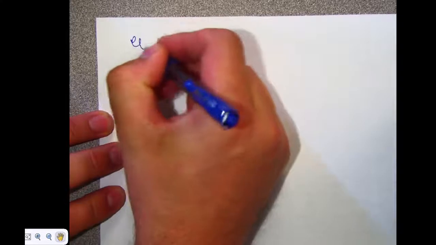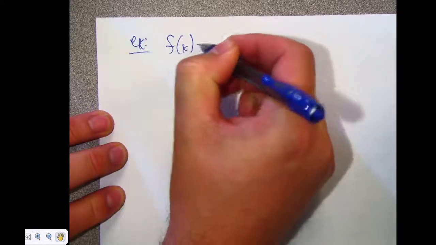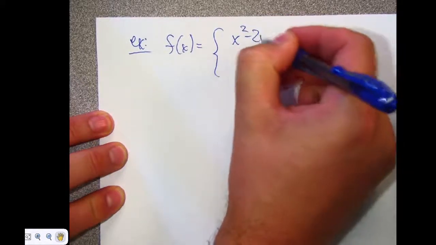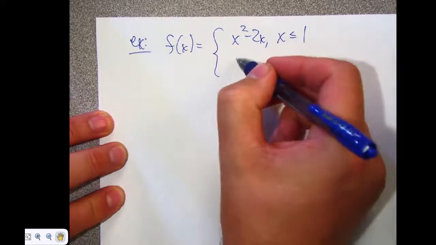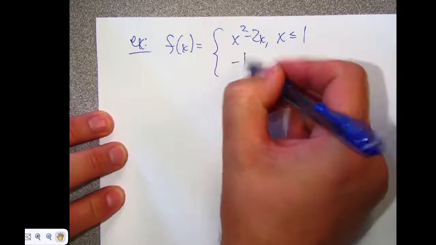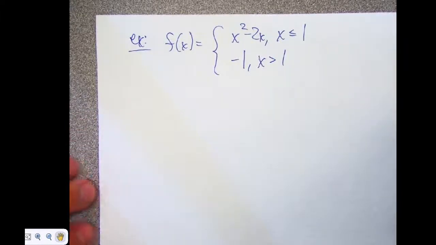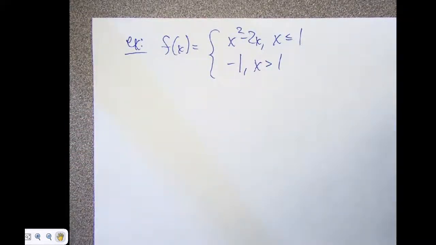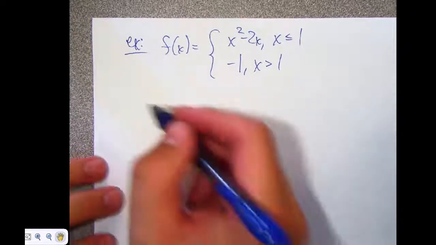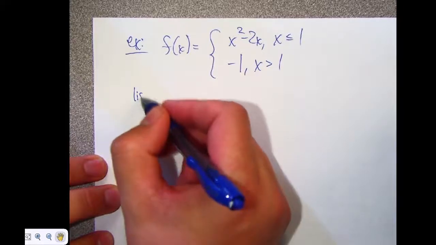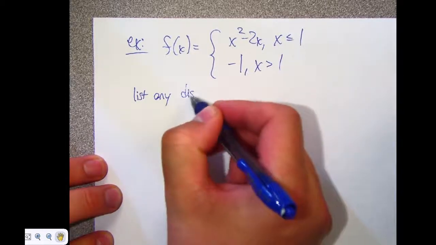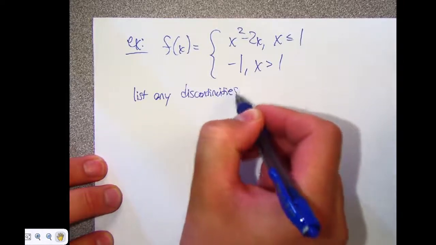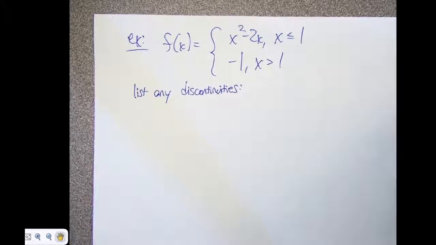Okay. So let's look at piecewise then. If I just said list any discontinuities or find any discontinuities, how would we go about this?